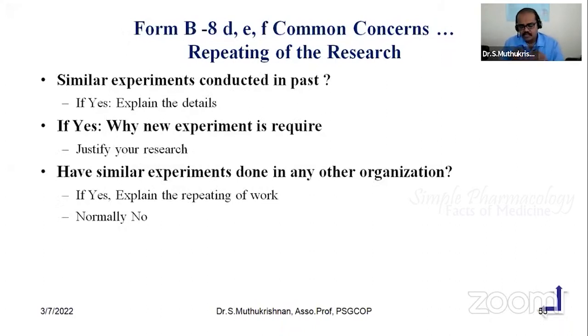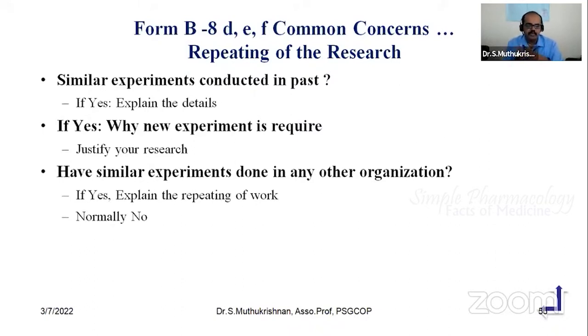And last in the 8th part, you have to prove that you don't repeat research. So when most IAEC application forms are reviewed, it turns out to be repetition work. So if any repetition is there, you have to justify. Mostly it's not repeated work.